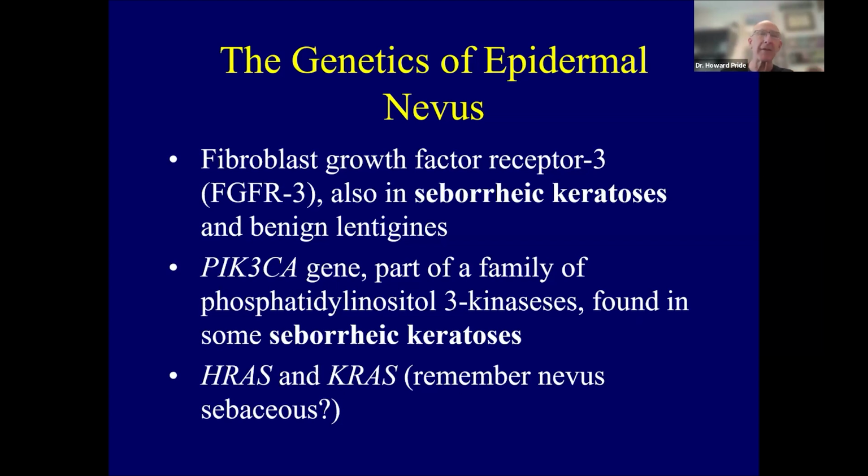Well, no wonder that they look so much alike, as well as PIK3CA, also seen in some seborrheic keratoses. But a really interesting thing is that the HRAS and KRAS mutation that we talked about with the nevus sebaceous also is in some epidermal nevi.